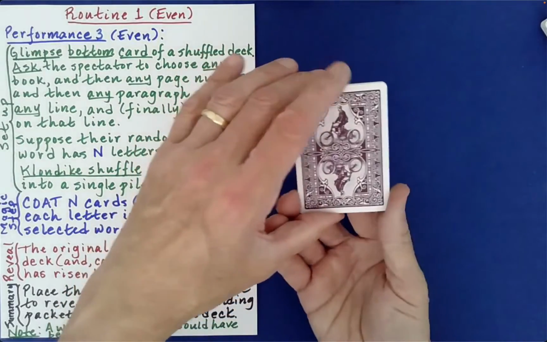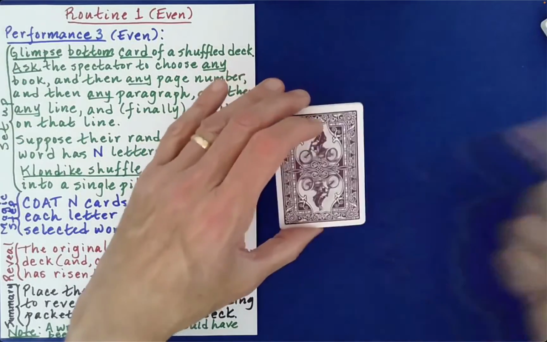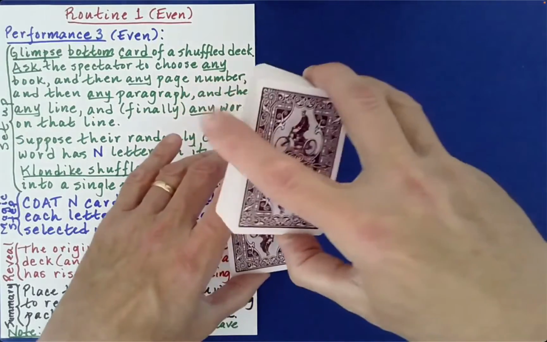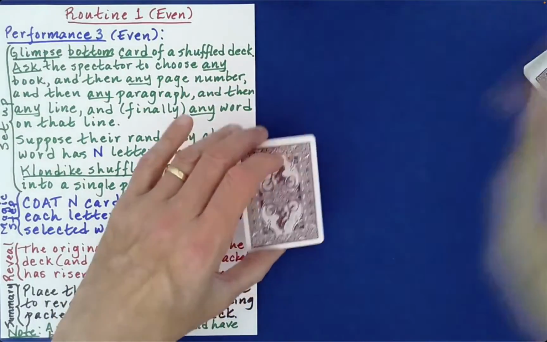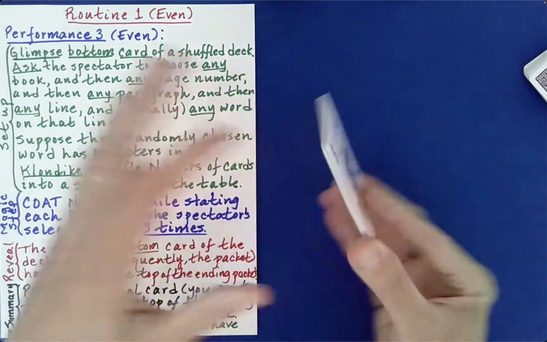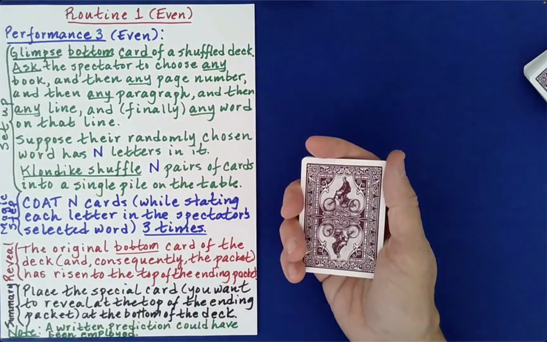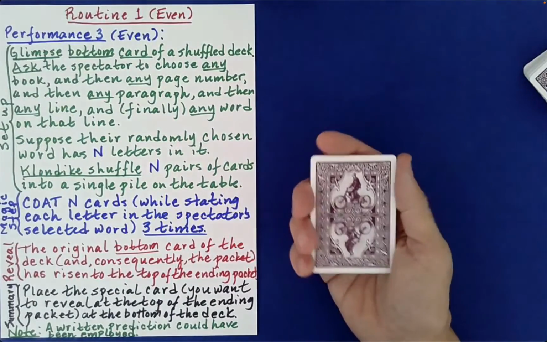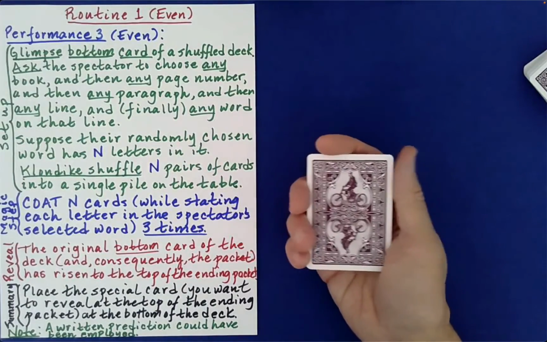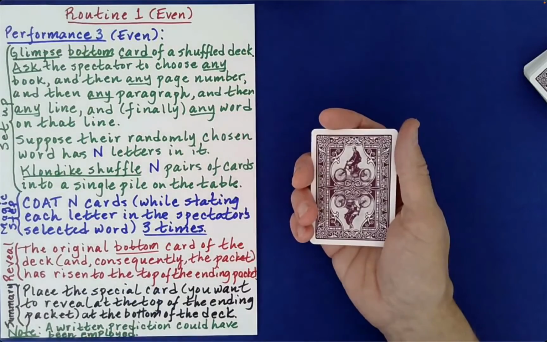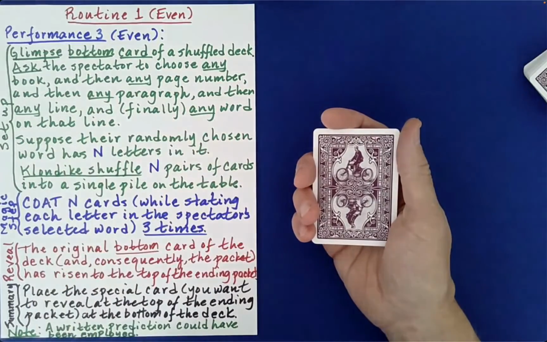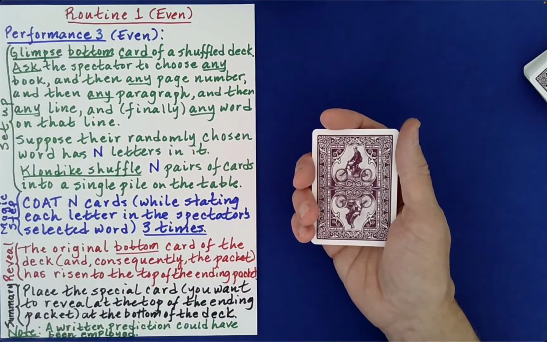As you know, the Klondike Shuffle leaves the bottom card of the original deck on the bottom of the new packet, right? Okay, so that will be on the bottom, which is where we need it. Okay, now from this point, we can spell out pilots 3 times using this third time's a charm principle.